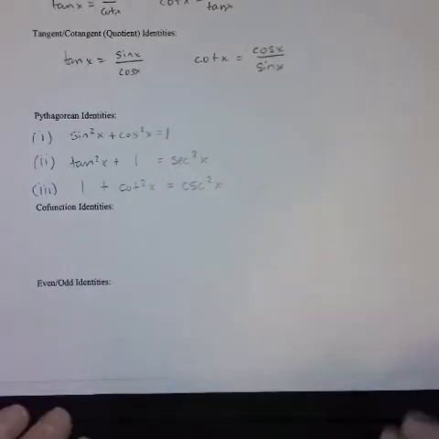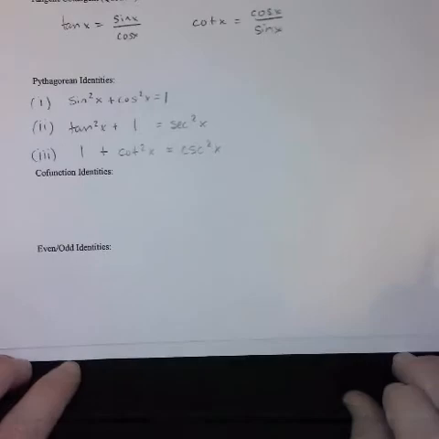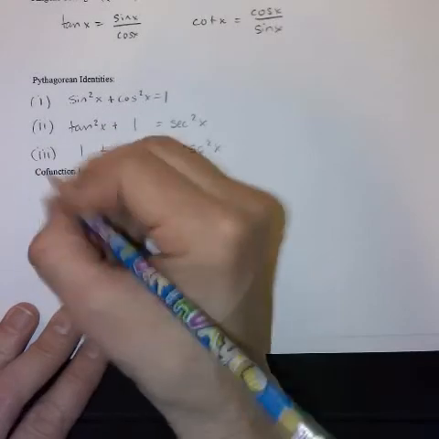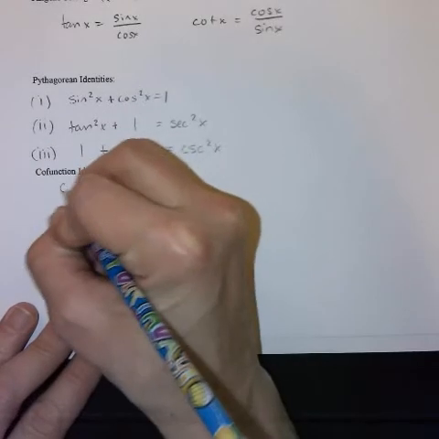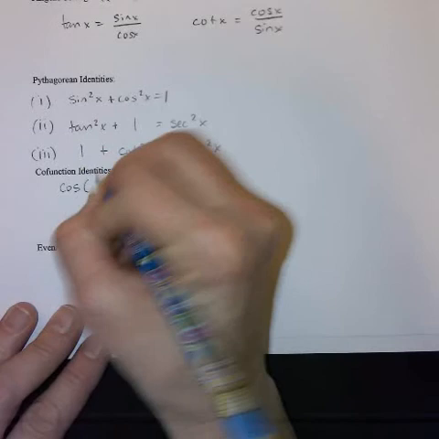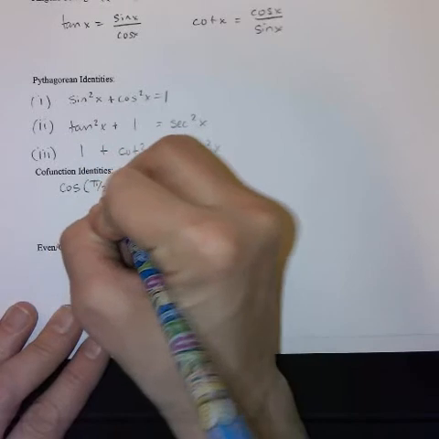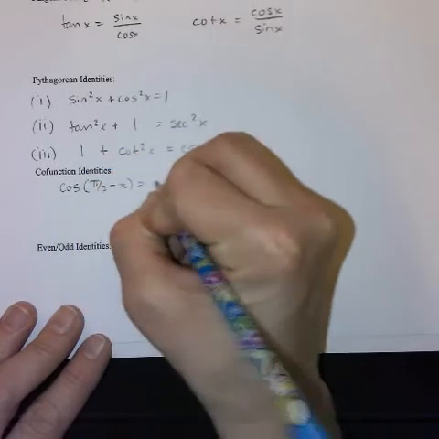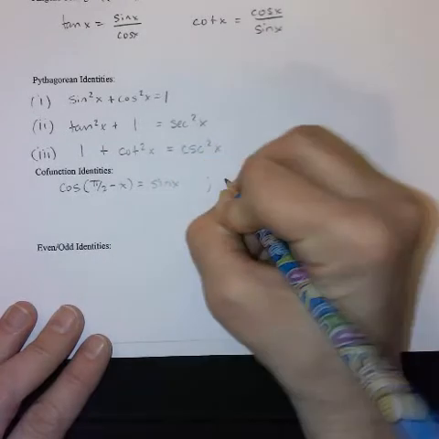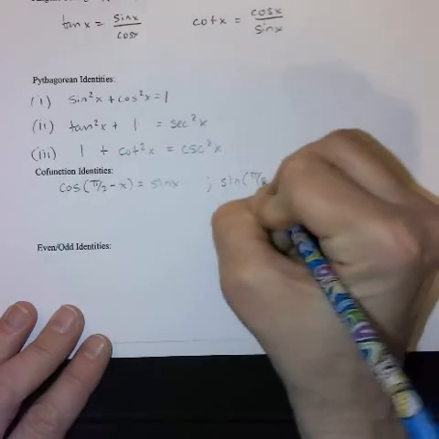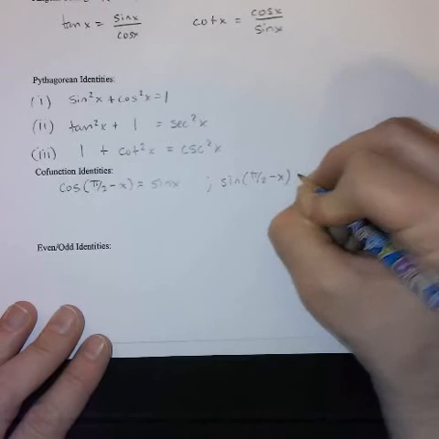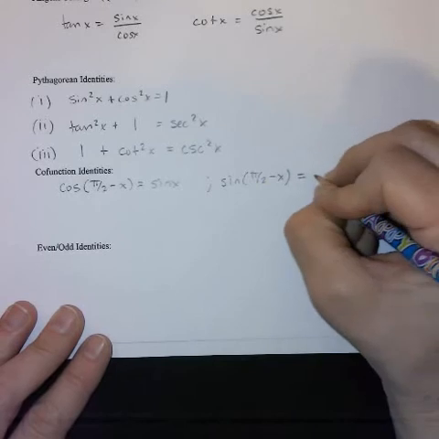The cofunction identities: the cosine of pi over 2 minus x equals the sine of x, and the sine of pi over 2 minus x equals the cosine of x.